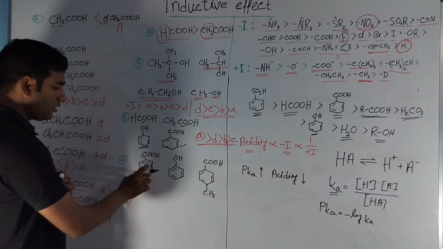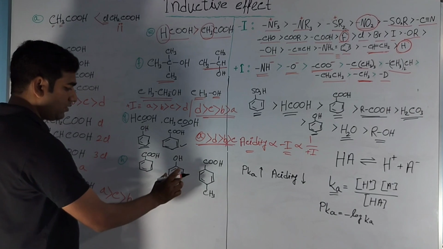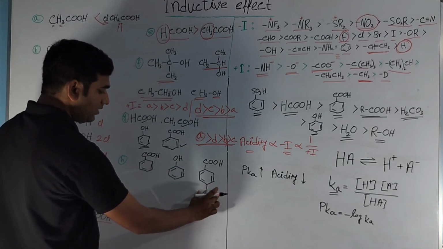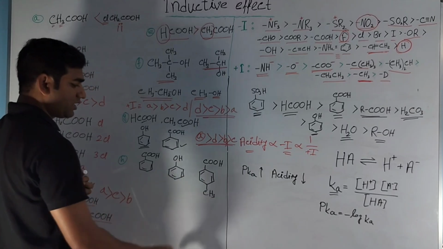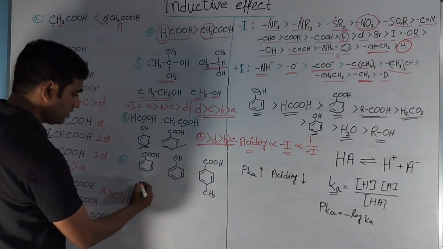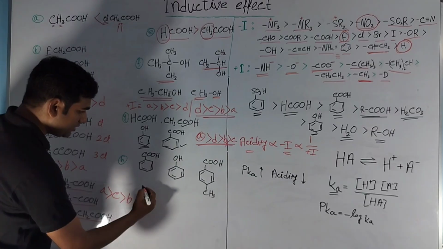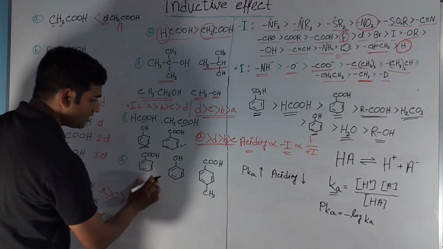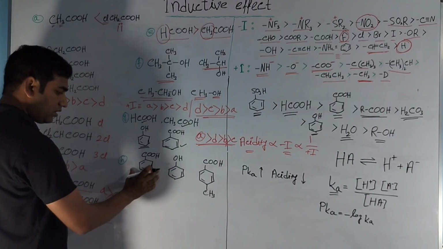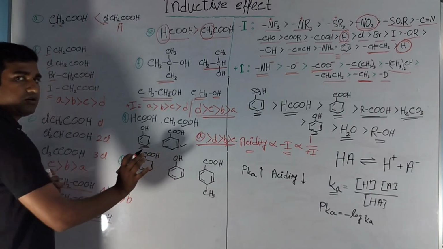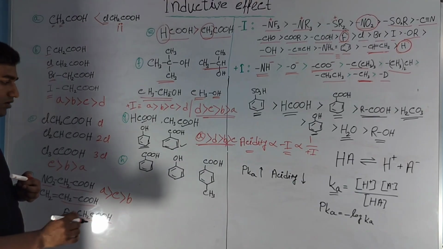So here, benzoic acid, phenol and 4-methylbenzoic acid, we can compare. First one is the most acidic. Here an electron donating group is there, so aromatic acid is always more acidic compared to the aromatic alcohol.